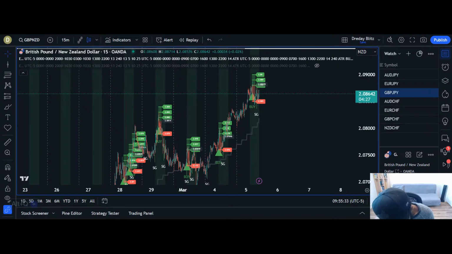But right now they're in drawdown, so I don't know where they're gonna go. I have two buys and one sell: AUD Swiss as a buy, GBP CHF as a buy, and NZD CHF as a sell.